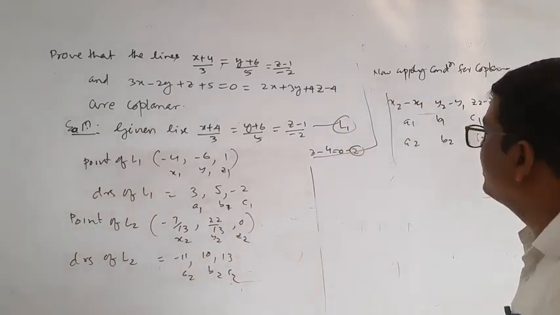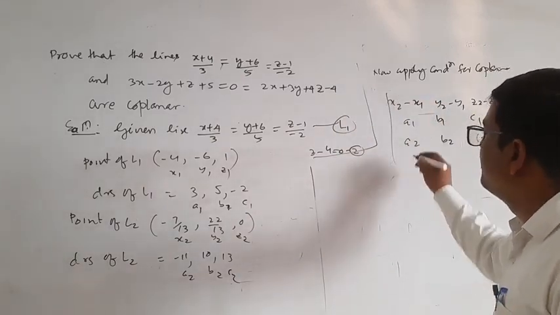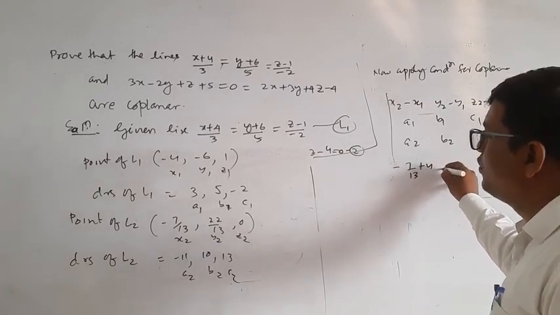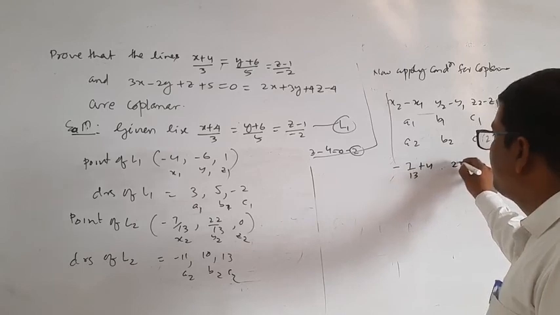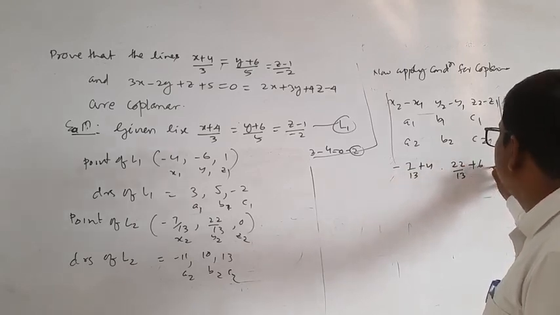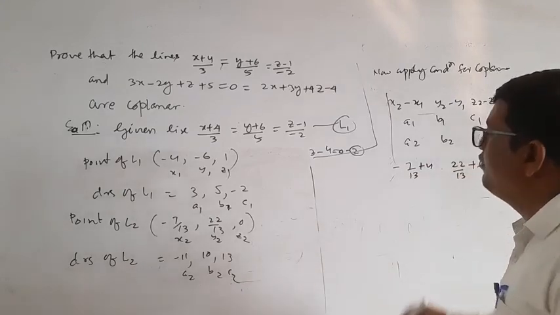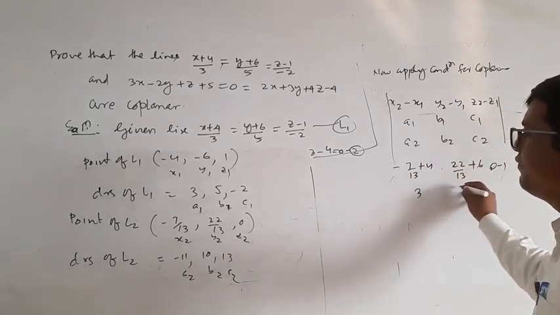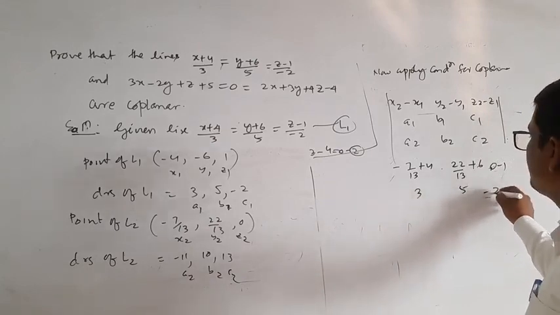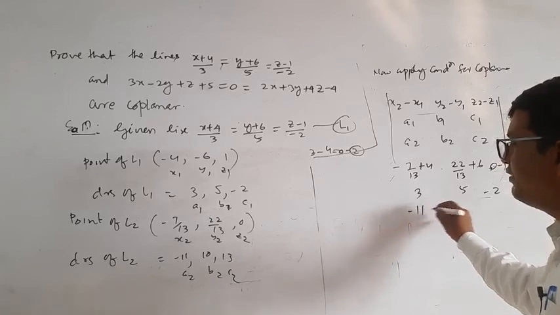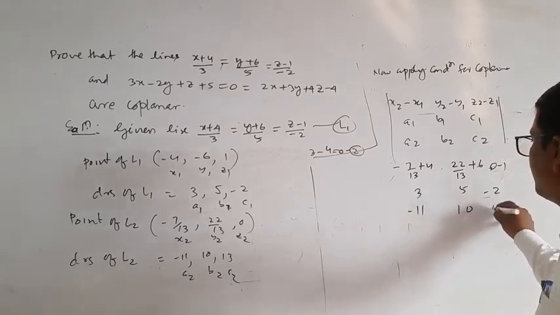Here x2 - x1 is -7/13 + 4, y2 - y1 is 22/13 + 6, z2 - z1 is 0 - 1. The a1, b1, c1 row is 3, 5, -2, and the last row is -11, 10, 13.